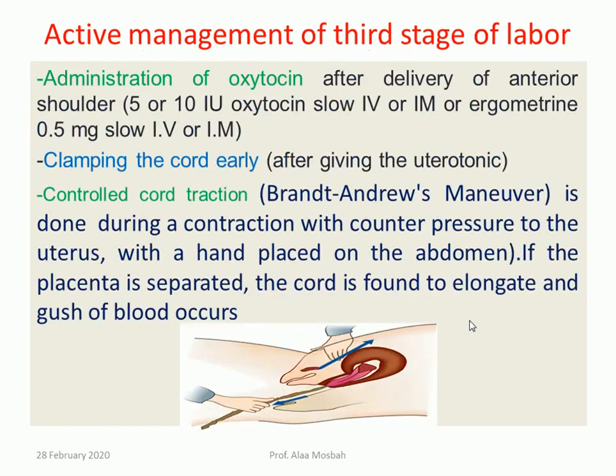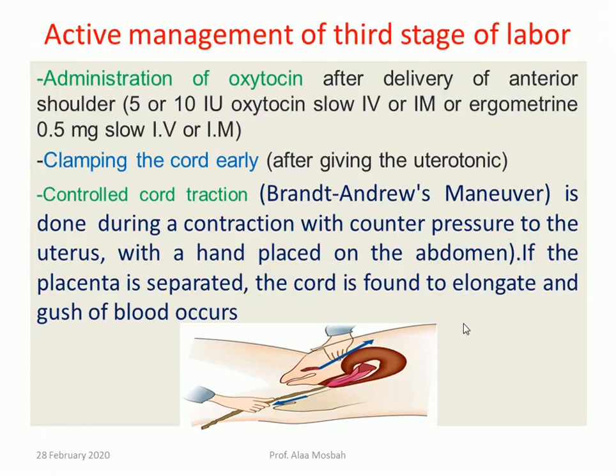While in active management, we give oxytocin, slowly intravenous or intramuscular, 5 to 10 international units with the delivery of the anterior shoulder or after delivery of the baby. Or we can give ergometrine 0.5 milligrams slowly intravenous or intramuscular, but oxytocin is the best choice.